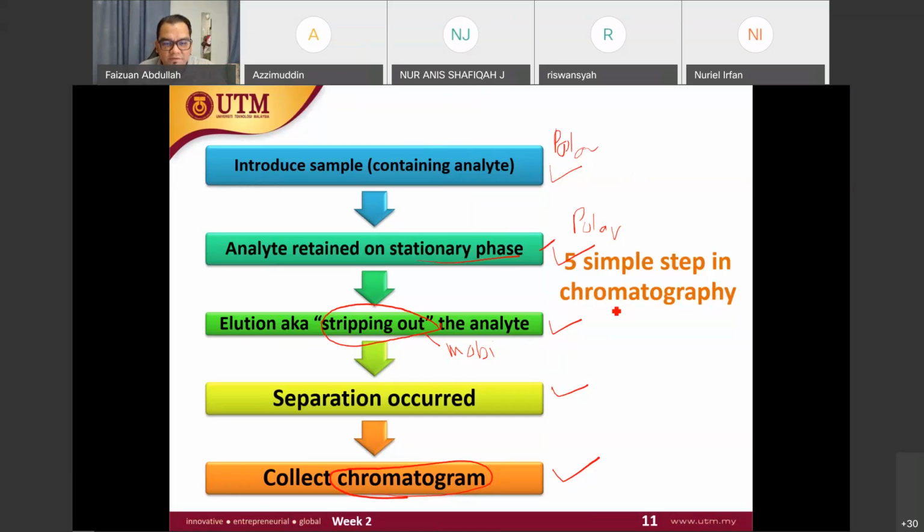What kind of phase do we need to use to strip out the analyte? Okay, a mobile phase, right?